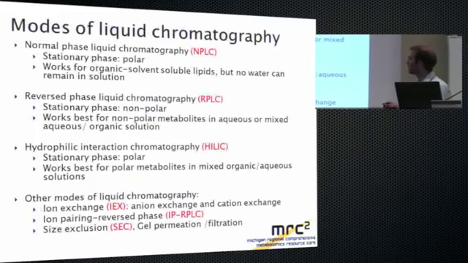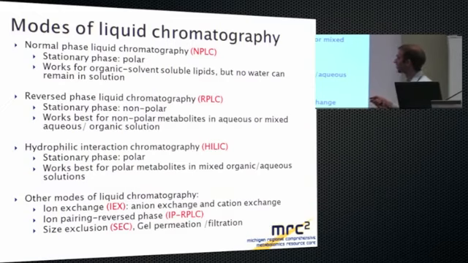Another thing to mention about liquid chromatography, I mentioned that there are lots of different modes of separation. We will choose or help you choose the best method for the analysis, but you may encounter these terms in reading metabolomics papers. You may occasionally encounter normal phase liquid chromatography where your stationary phase is polar, your mobile phase is nonpolar.